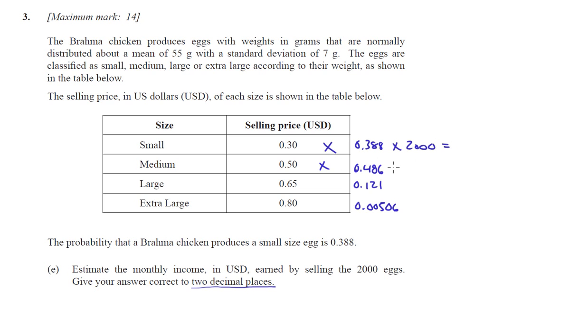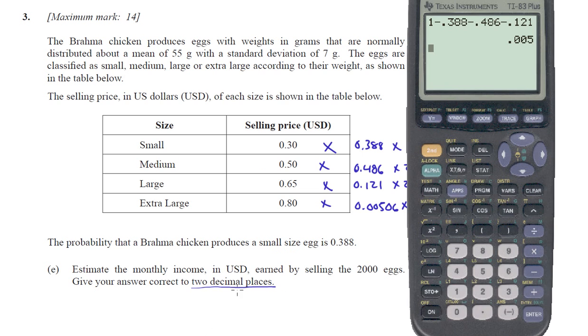And then 0.5 times 0.486 times 2,000. 0.65 times 0.121 times 2,000. And then 0.80 times 0.00506 times 2,000, right? That'll give us how much we make on each egg size, and then we can add those all up to get our total, what we can sell all those eggs for.